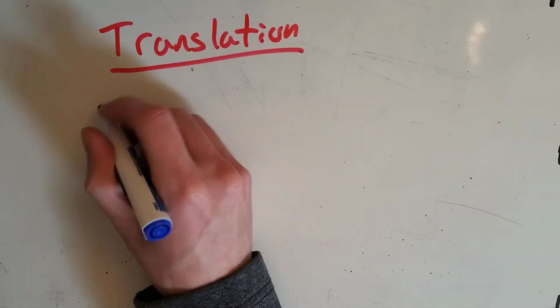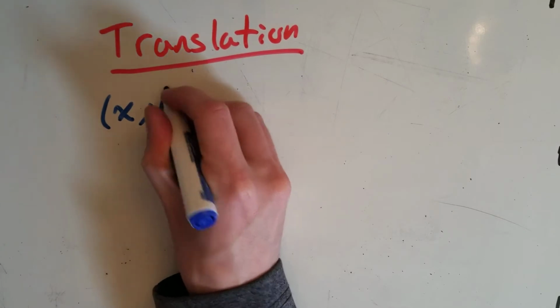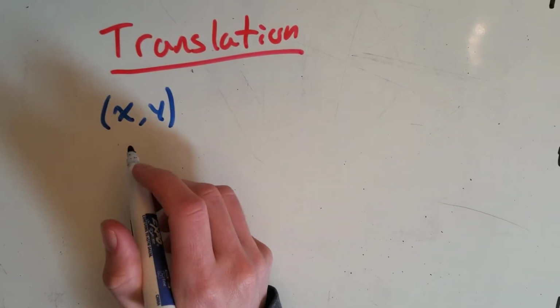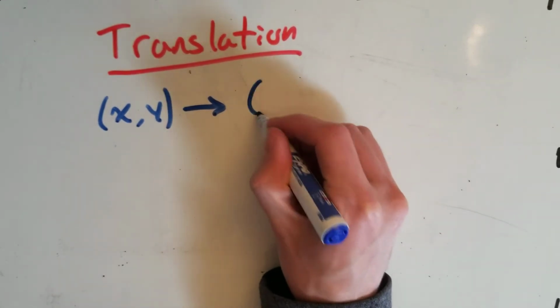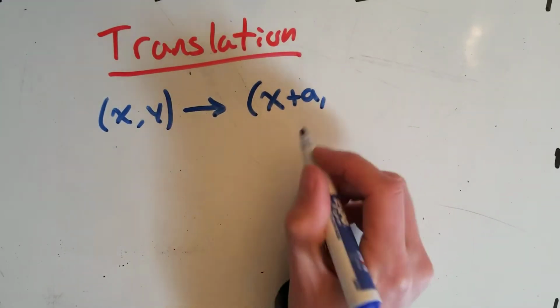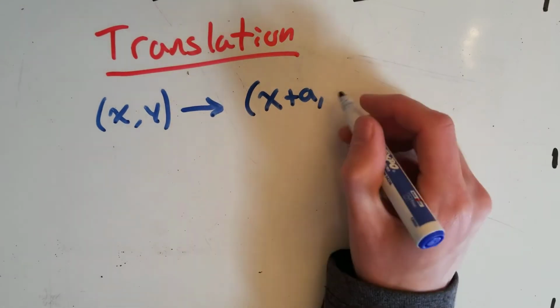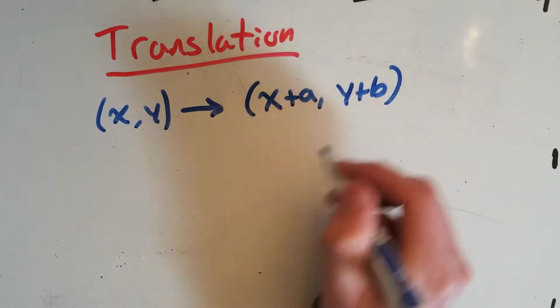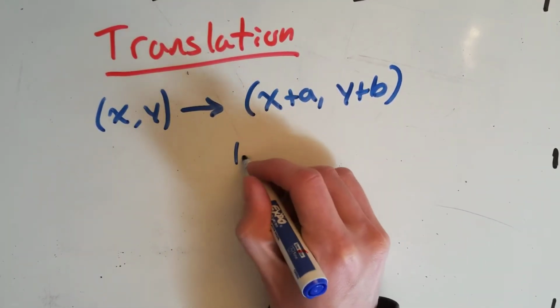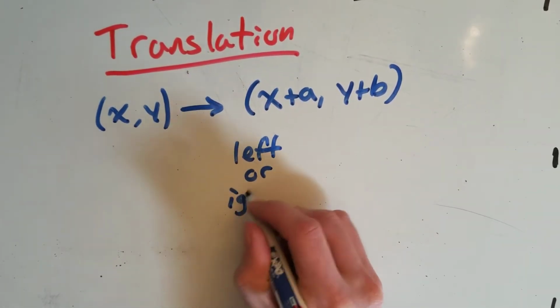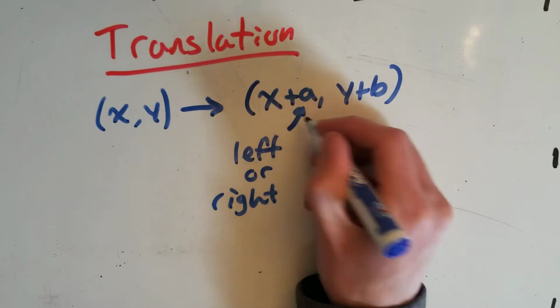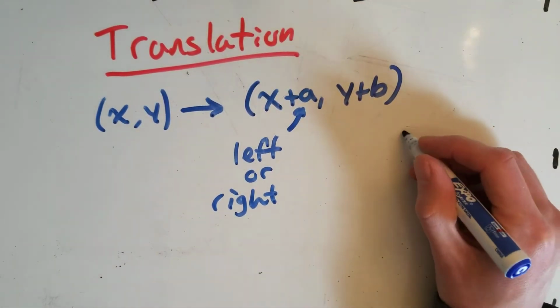So if we have some shape, some polygon, maybe it's (x, y), when we slide around the coordinate plane, we're going to change by x plus a, that's just how much you're going left or right, and y plus b. So a is how much you're going left or right, and then b is going to be how much you went up or down.